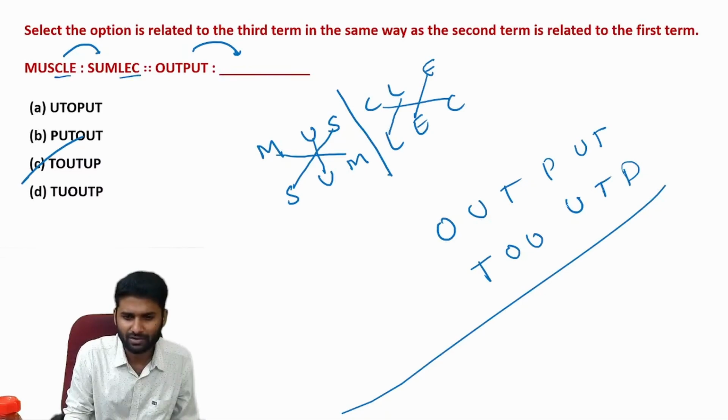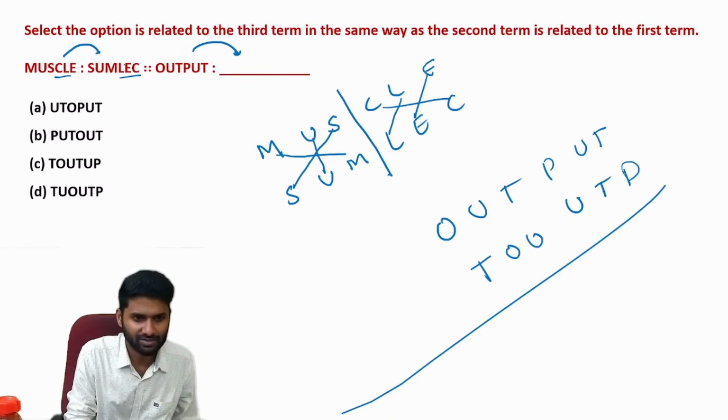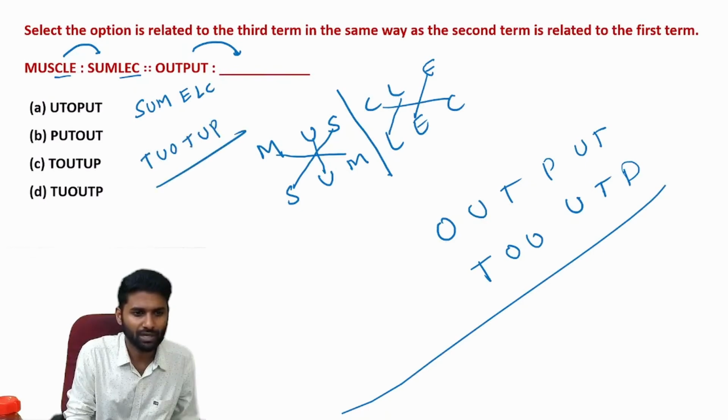Now, according to the order, we require UTP, right? MUSSUM, so you require UTP. I think it's a typing error. It's not LEC. SUMELC. Output: TUOTUP.